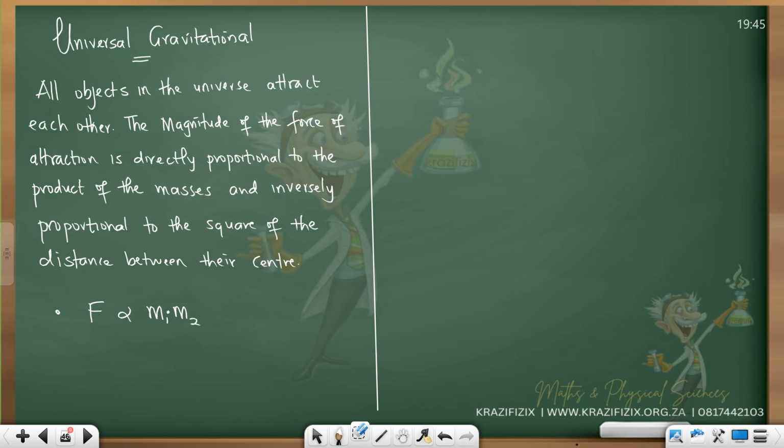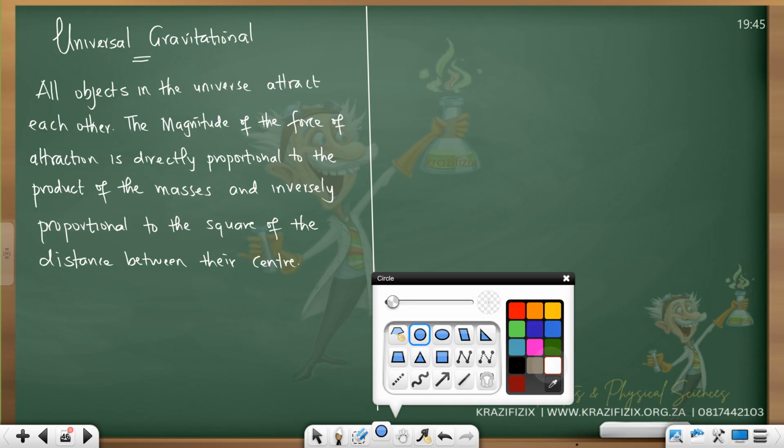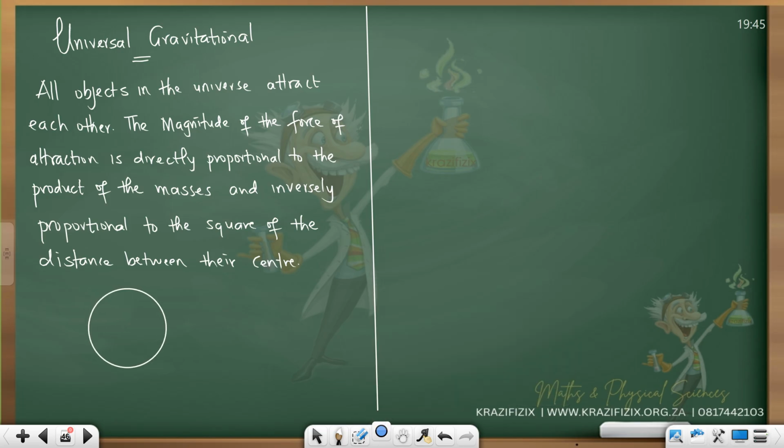So object 1 and object 2, so we have M1, M2.